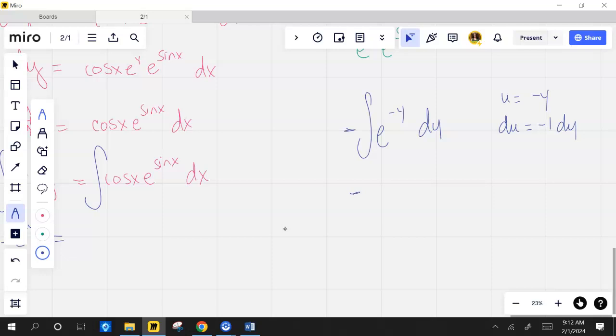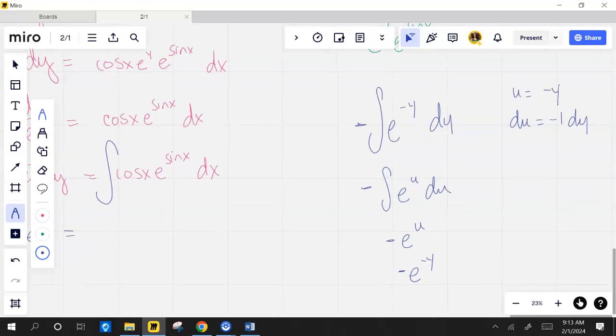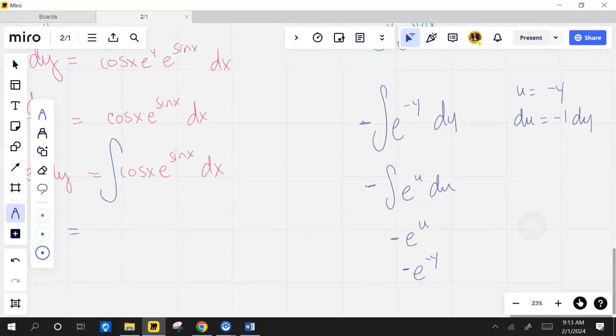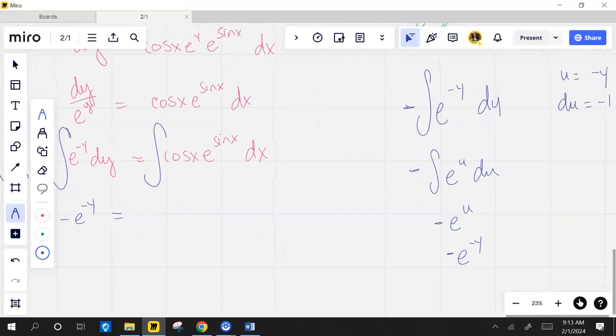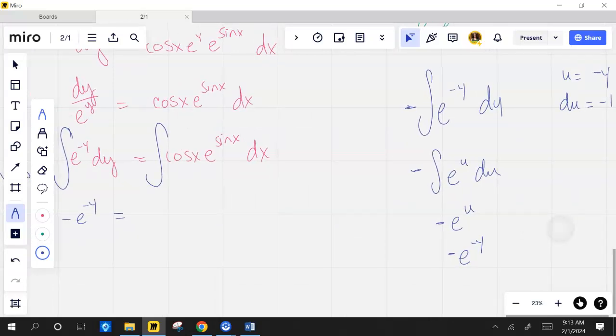So now I've got negative integral e to the u du, which is negative e to the u, which is negative e to the negative y. Y'all tracking with me now? We're in the hard stuff now, y'all.